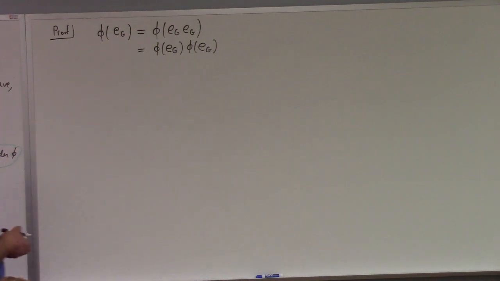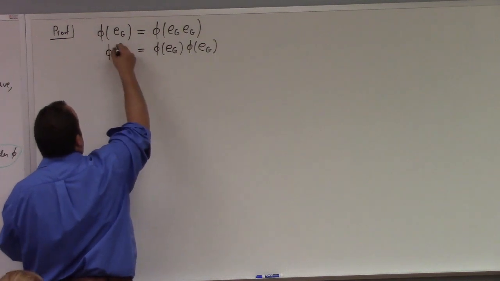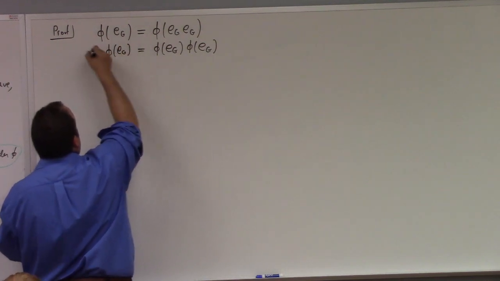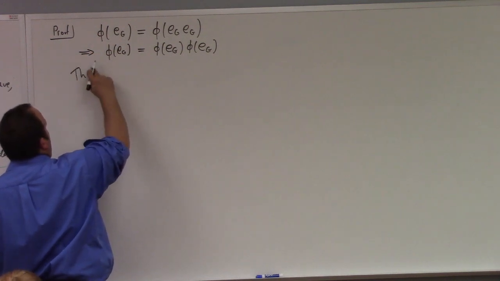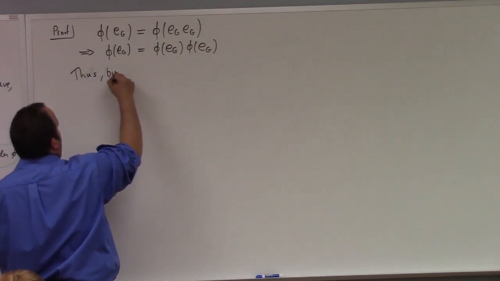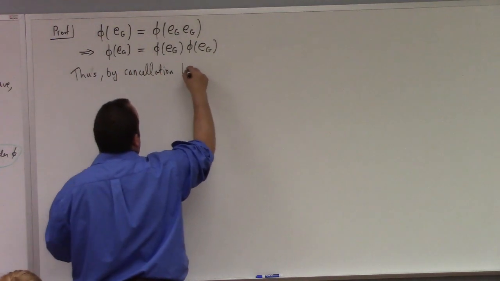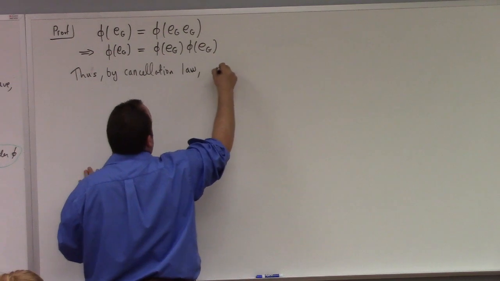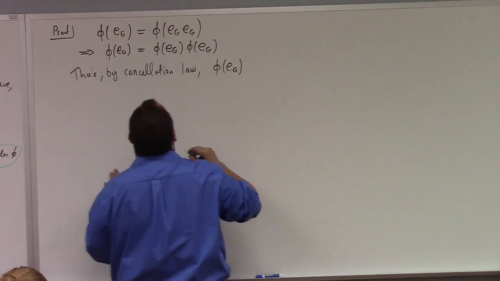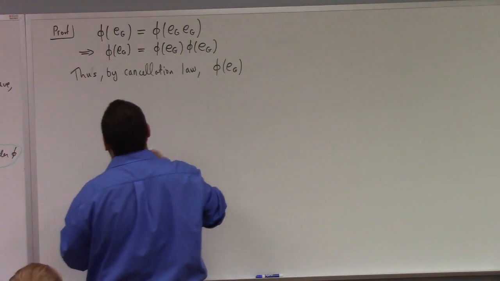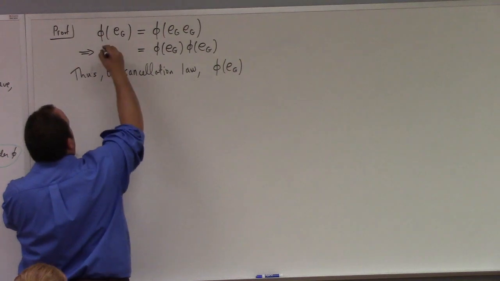And then what do we got? I'll write it. I'm going to write this on the second line again here just to emphasize something. Thus, by cancellation law, phi of e_G equals to what? Oh, I'm sorry. To make it cancellation law directly, what should I have done? I should have said phi of e_G times what?